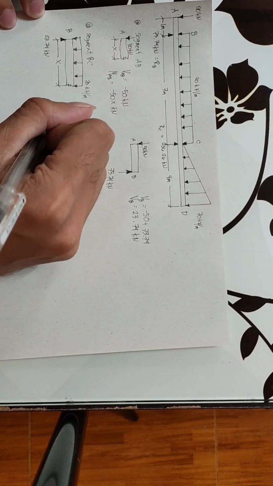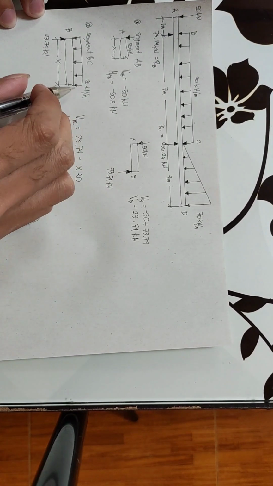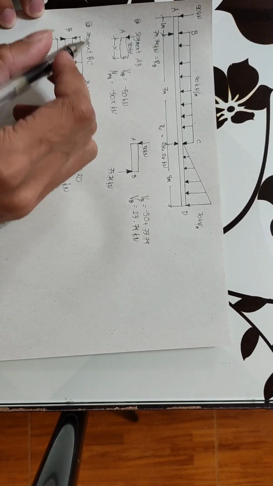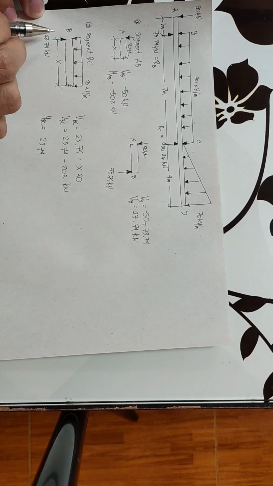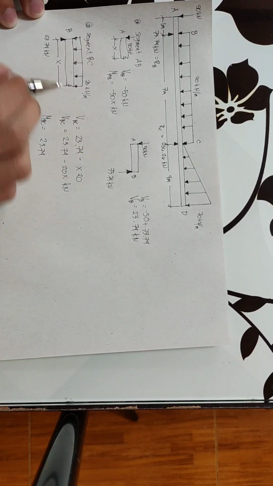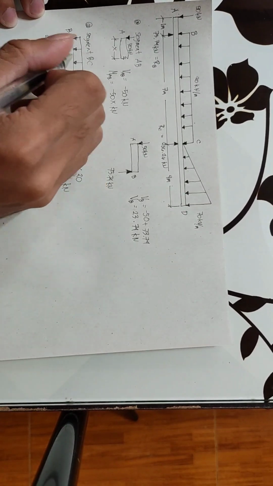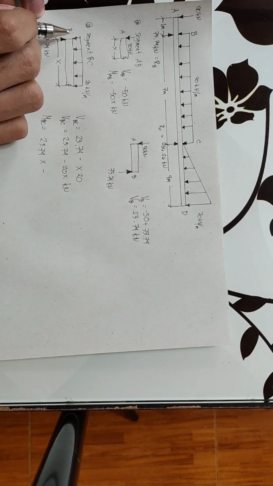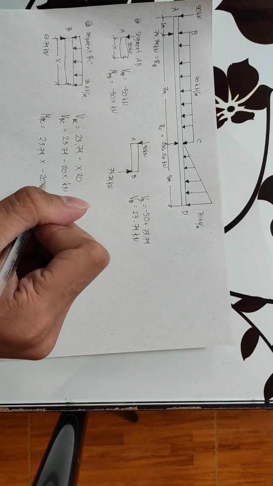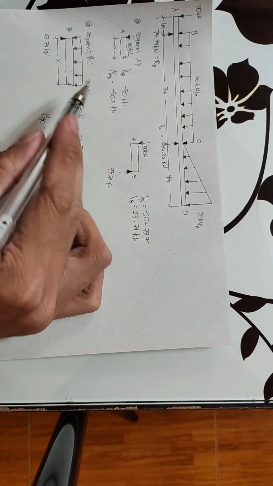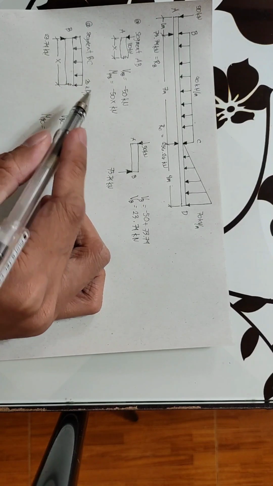And to get the moment at BC, we take the moment here: it's upward, so positive 23.74 times the distance from B to the dotted line, x, then downward is negative, so the force here is negative 20x. Since it is a uniform load, we solve its centroid.